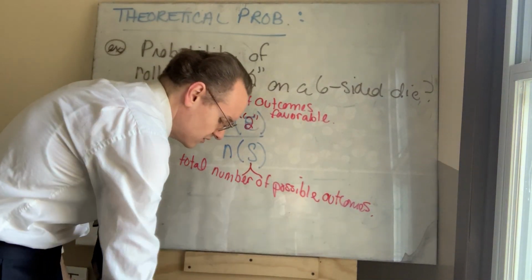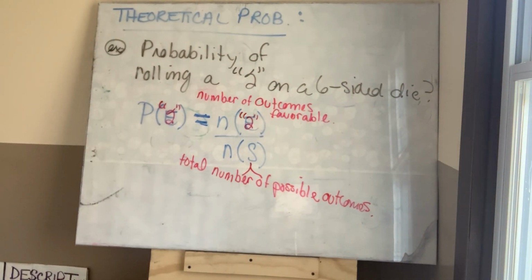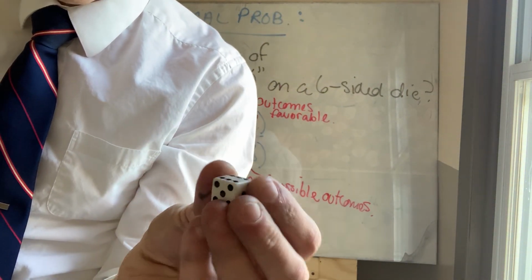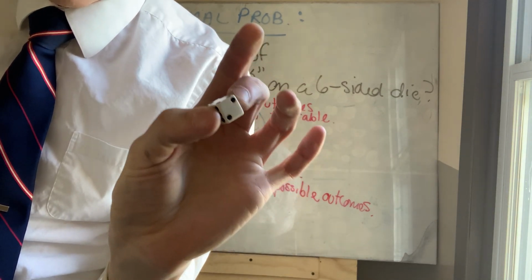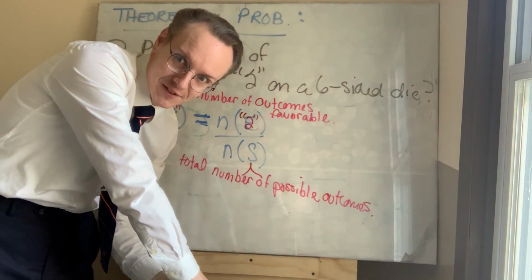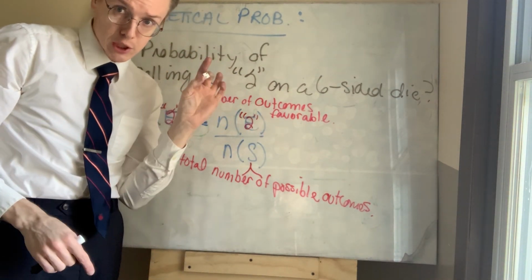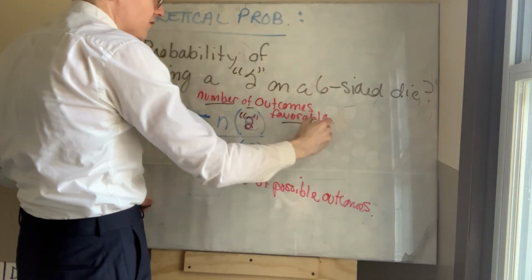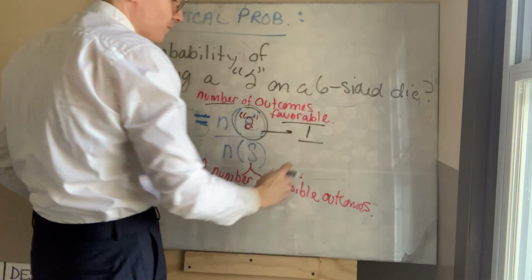How many sides of a die, taking a look at one die again, are actually labeled 2? Just 1, right? It's unfortunate that we're using the digit 2, but there's only one side that is actually labeled that in dots. So the number of outcomes favorable to rolling a 2 is 1.